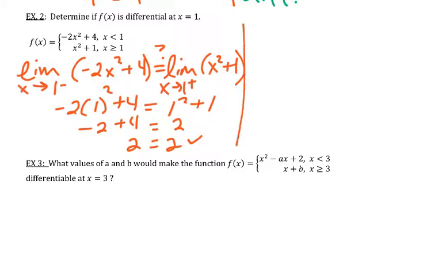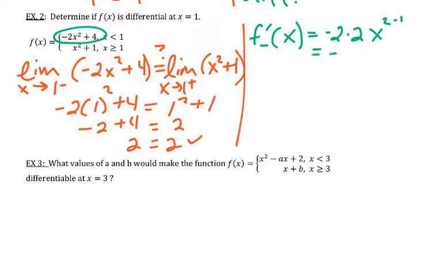All right, now let's test differentiability. So what is the derivative of f as we approach from the left? Looking at this left-hand piece, we get negative 2 times 2 times x to the 2 minus 1, which is negative 4x. So as we're approaching 1 from the left, that gives us negative 4.